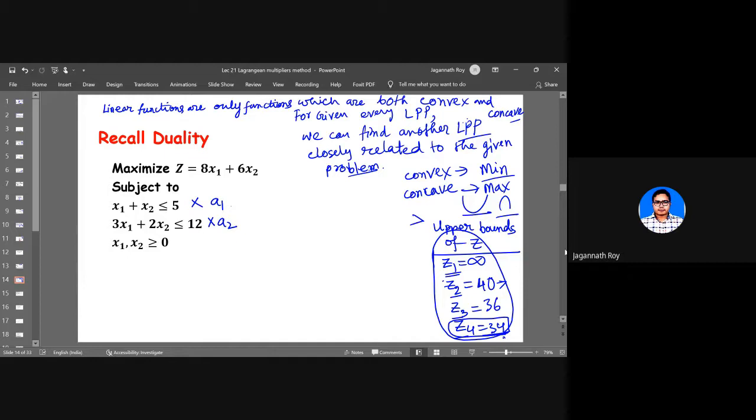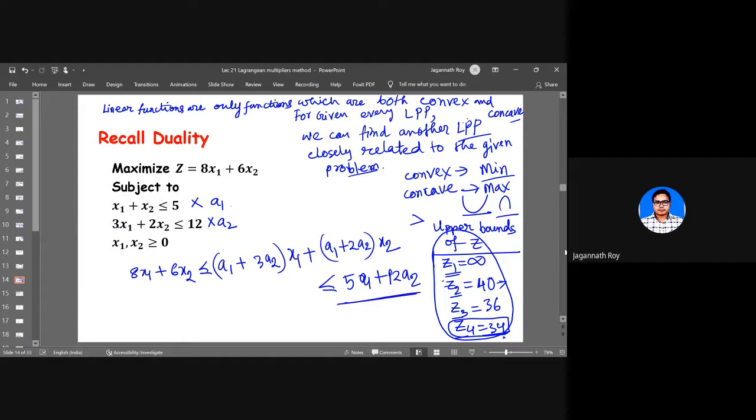We had 8x1 plus 6x2, which was bounded by (A1 plus 3A2) into x1, plus (A1 plus 2A2) into x2, which is also bounded by 5A1 plus 12A2.